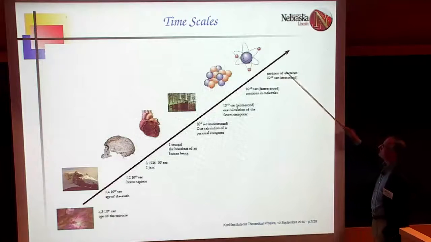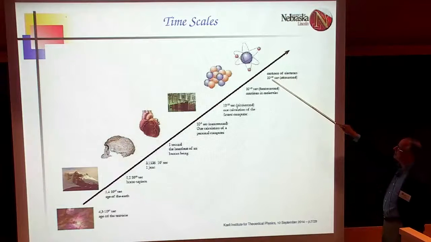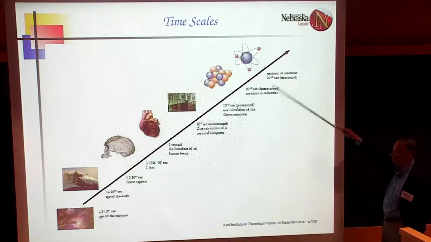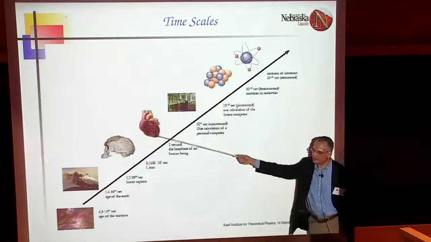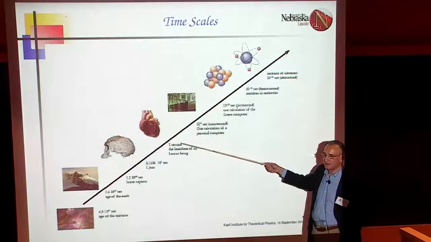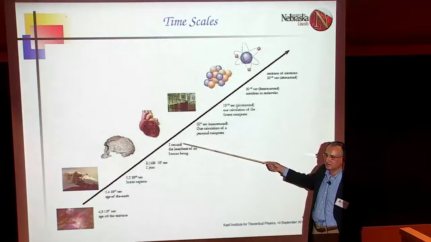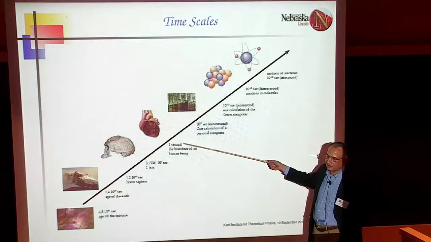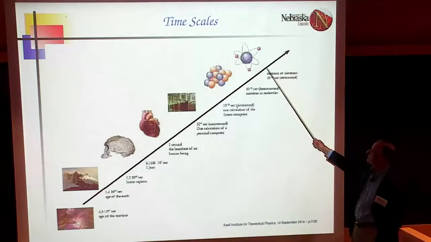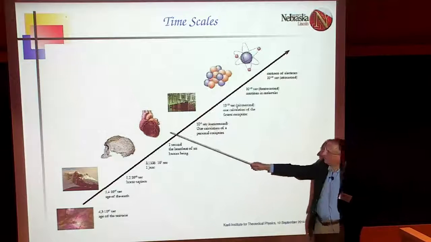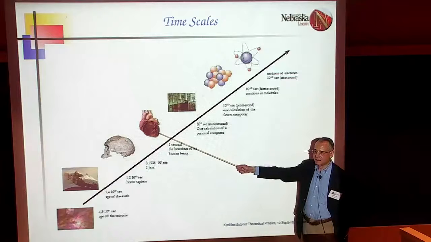The motions of electrons take place on the attosecond timescale, which is 10 to the minus 18, as we saw in that table. Now, your heartbeat is roughly once per second, give or take a few percent. So 1 attosecond is 1 billionth of a heartbeat.